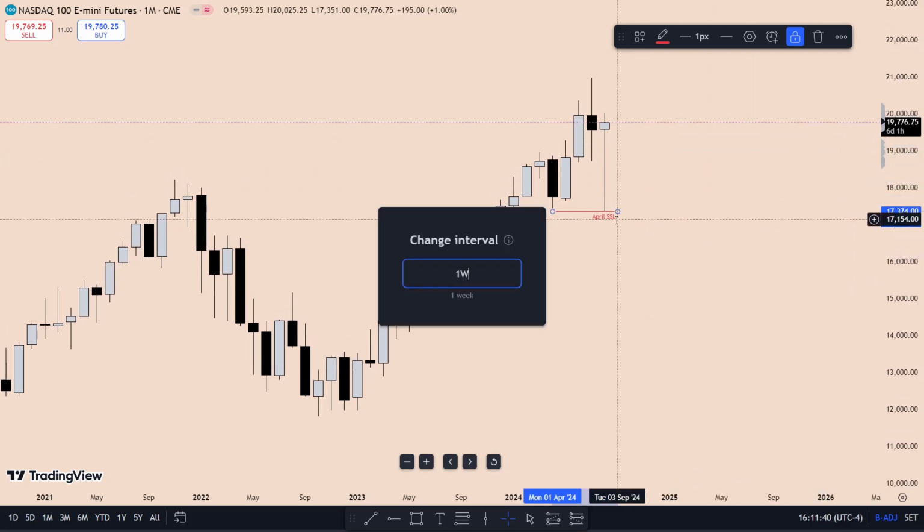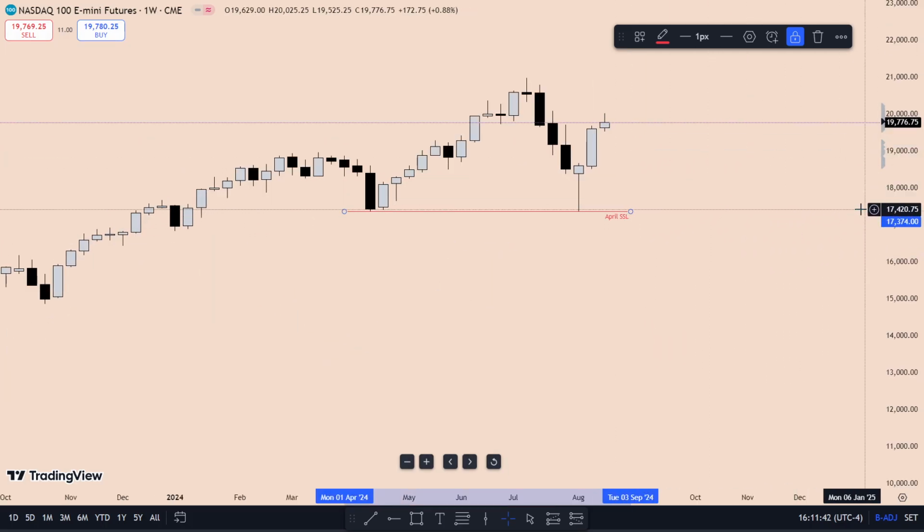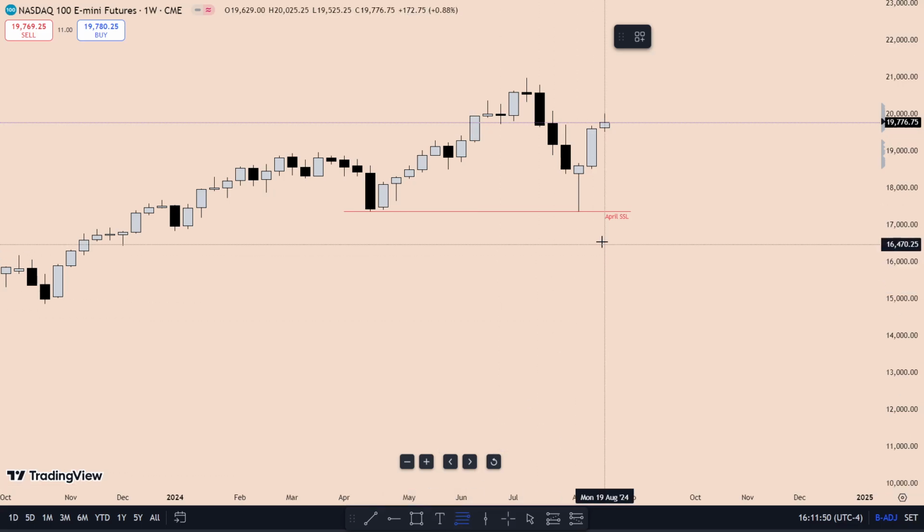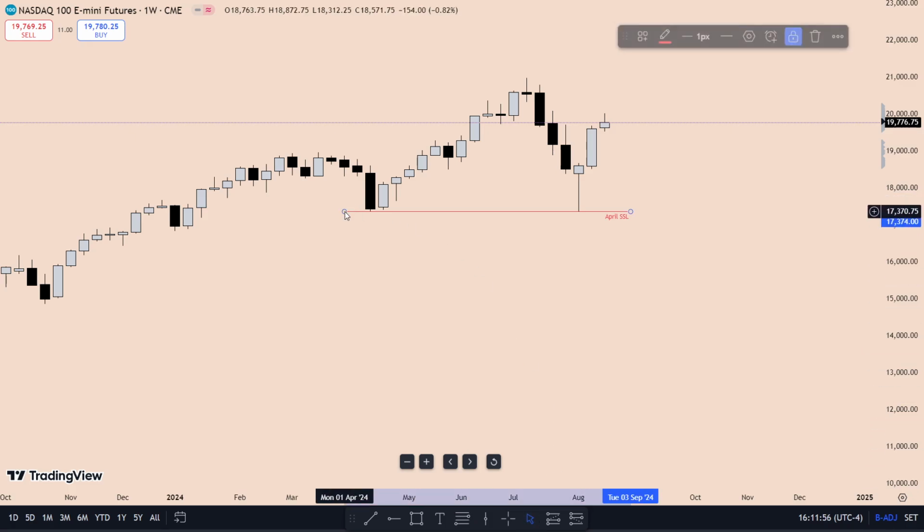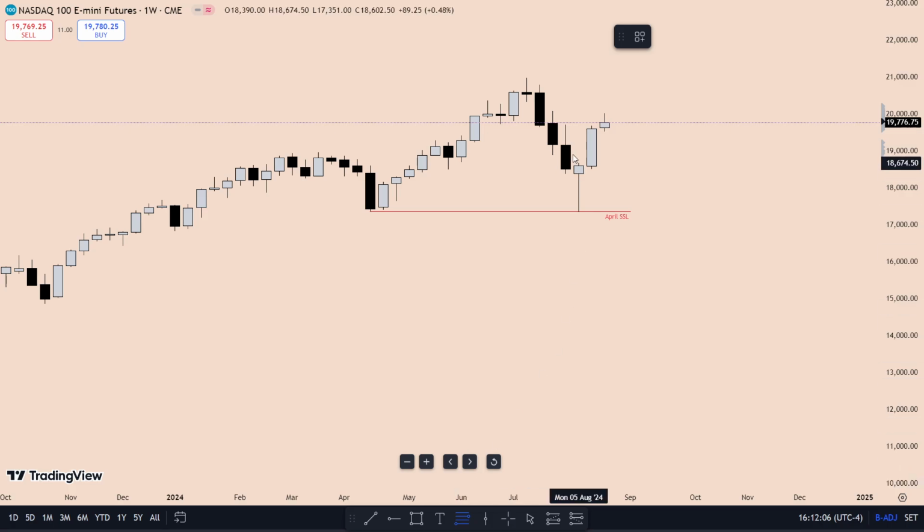Cool. So let's go down to the weekly. Again, that's that part of that wick on the monthly chart. So what ICT says also is that wicks are gaps. So I'm just going to put a fib on that and calculate the consequent encroachment.